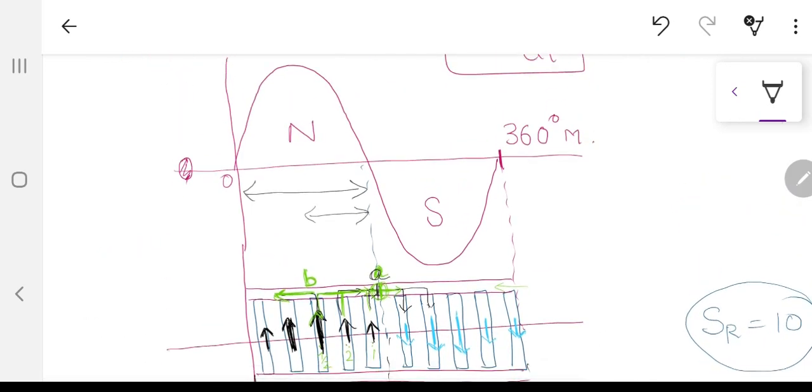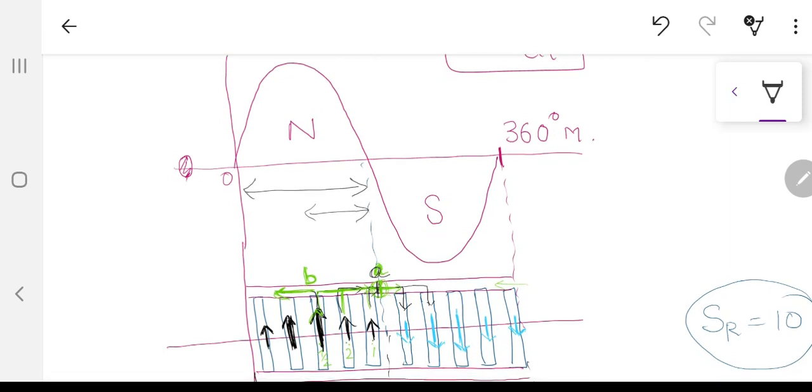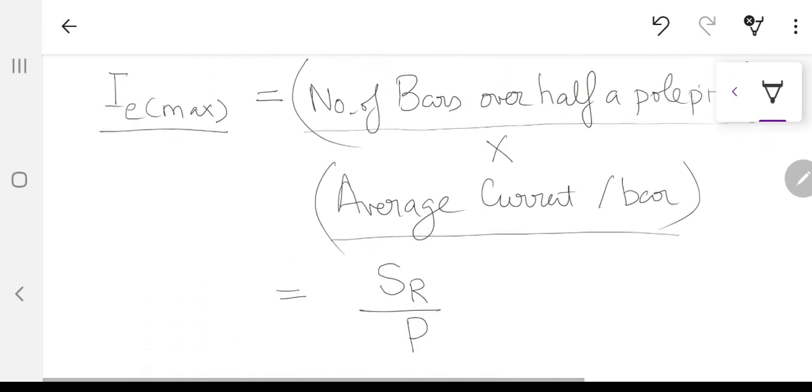So SR divided by 2 is 5. But I want a value of 2.5, which is half of the pole pitch. This is half of the pole pitch, and this is the full pole pitch over there. So SR divided by 2P is the number of bars over half a pole pitch, and you are going to multiply this by the IB average current.